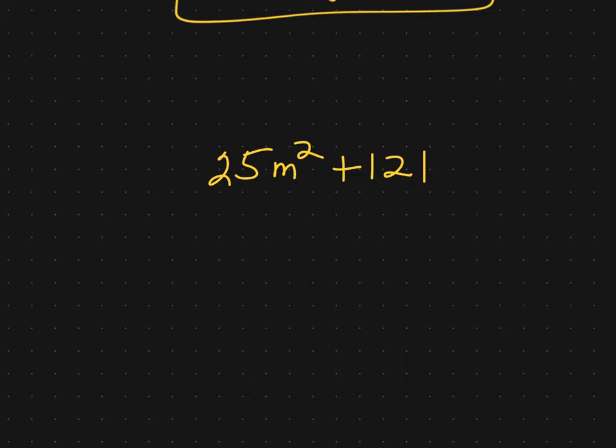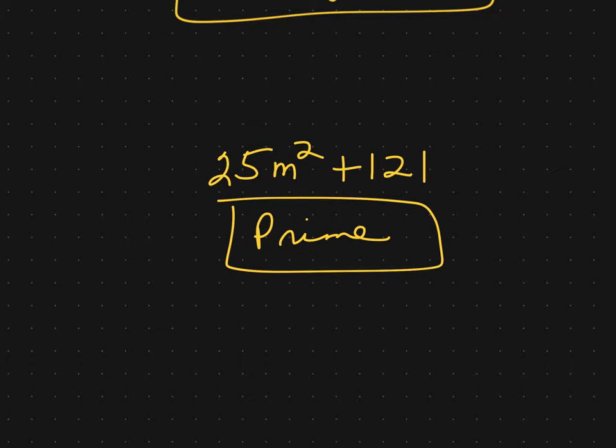The only thing that keeps it from being the difference of 2 squares is it's not a difference, it's a sum. We don't have a formula for the sum of 2 squares. So therefore, this polynomial is prime. It will not factor. Again, if that was 25m squared minus 121, then it would factor as the difference of 2 squares. But it's not, so it won't.